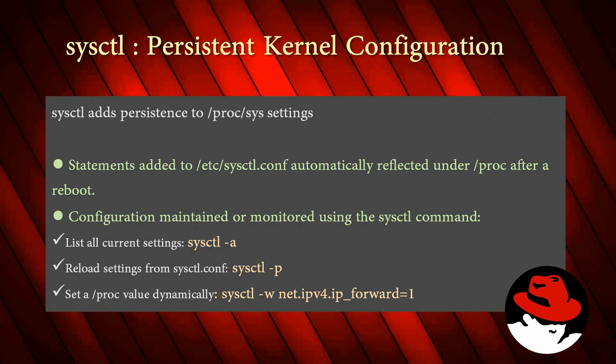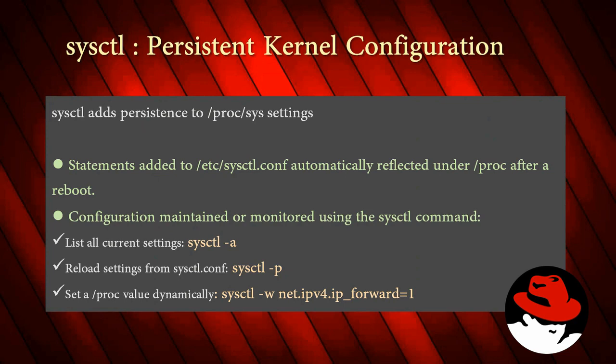sysctl, which adds persistence to /proc/sys settings. Statements added to the sysctl.conf configuration file automatically get reflected under /proc after a reboot. You need to reboot, restart, and it becomes applicable. The configuration is maintained or monitored using the sysctl command, which has certain parameters.